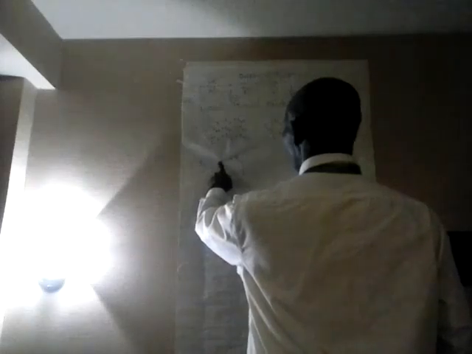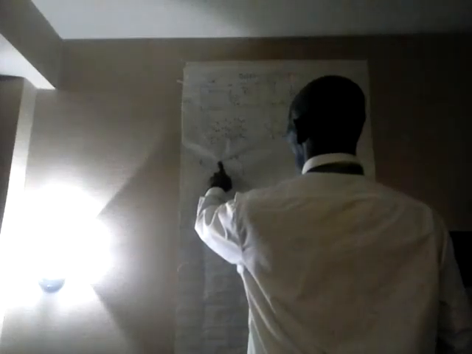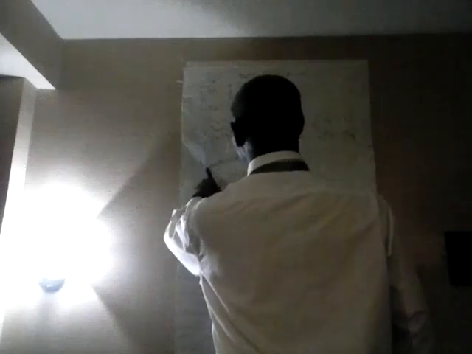So R31, plus, minus, plus, R31 into minus R12 plus R13. This means the first column, the second row, or the first column, R31.